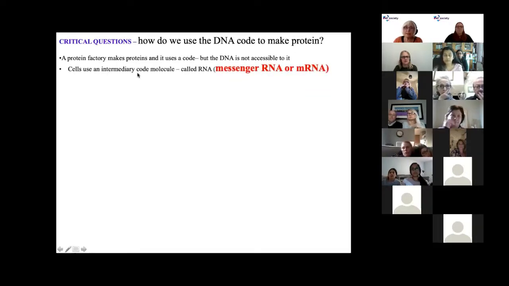So it makes an intermediary code, which is called the messenger RNA or mRNA. There are several different forms of RNA, but this one is messenger. And you may well have heard of the messenger RNA in terms of the coronavirus vaccines, because some of them are using this to help create the foreign body that will make antibodies.